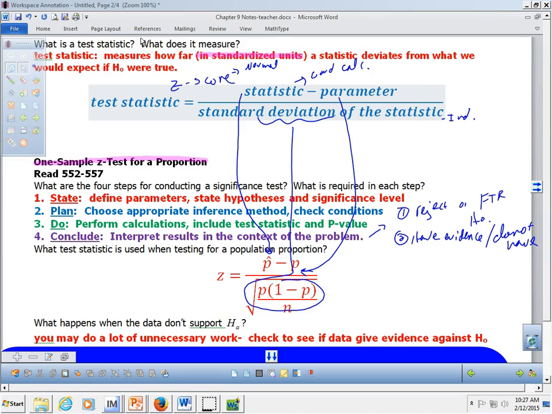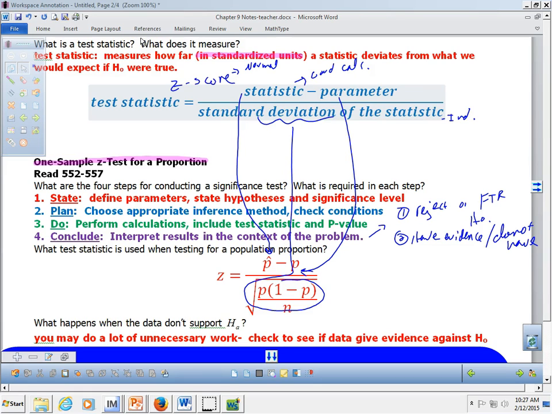You take a sample and you get a p hat of 0.8, which is actually greater than 0.75. Then you don't even have data to support your alternative hypothesis. So why in the world would you go do a test, right? We're not going to put somebody on trial with absolutely zero evidence.